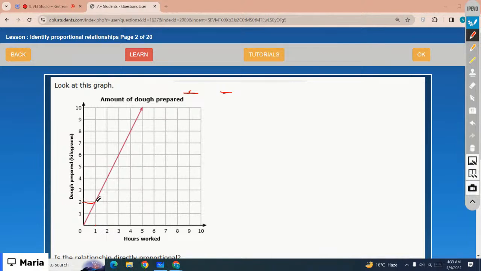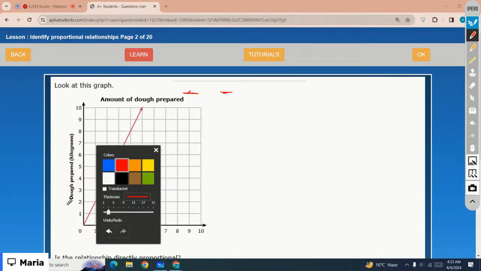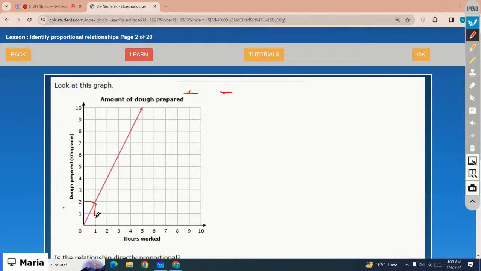When x is 1, y is 2. When x is 2, y is 4. When x is 3, y is 6. Every time they are increasing by the same value, so they have the same ratio. That means yes, they are directly proportional. The correct option is yes, it is.